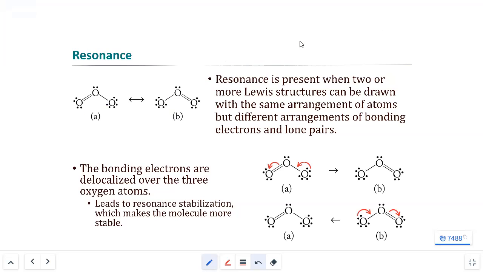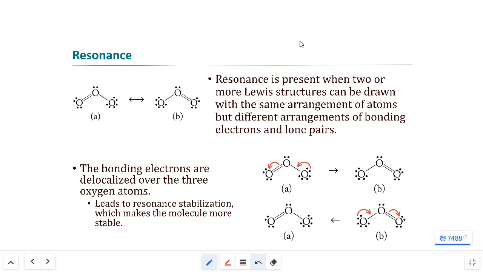What we're getting here is something called resonance. Resonance is a phenomenon that exists when we have more than one way of drawing a Lewis structure and that Lewis structure being correct. Usually we see resonance when there is an arbitrary nature to the placement of a double or a triple bond, as was the case here.